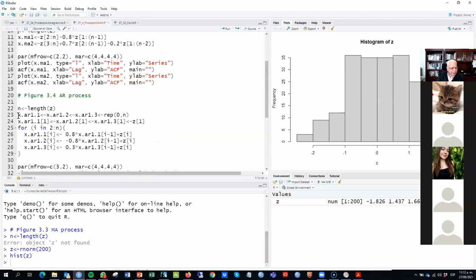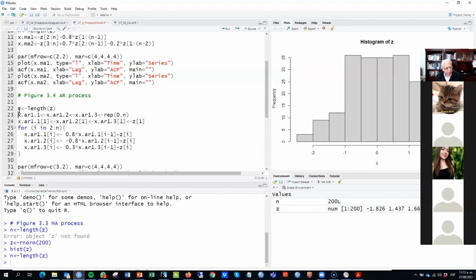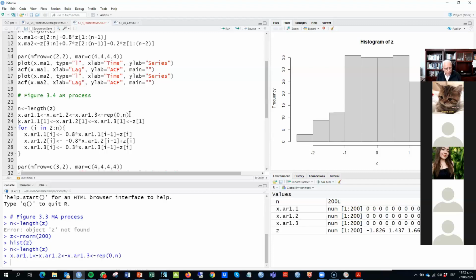Now I'm going to generate 3 AR1 processes. I'm going to take n as the length of z, then initialize vectors with 0 of size 200, because I'm going to generate 200 observations from the 200 random numbers there.